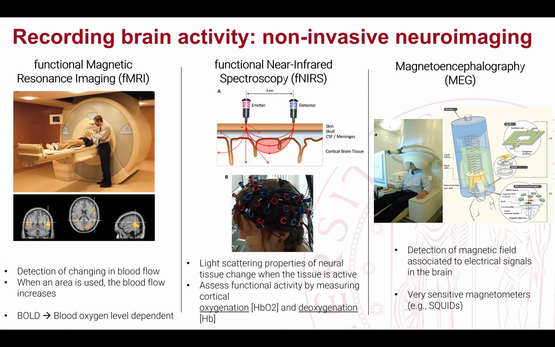These are interleaved emitters and detectors. Emitters of lights in the near infrared that pass through the dura mater. They arrive again in the neocortex. The light propagates and scatters and goes back to the detector. The difference between the emitted light and the detected light allows to have a measurement of the oxygenation and deoxygenation within the brain.